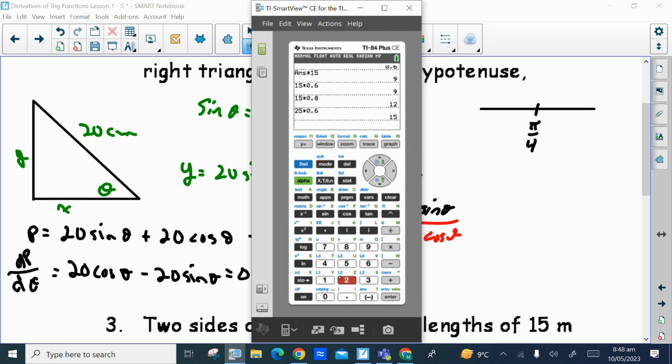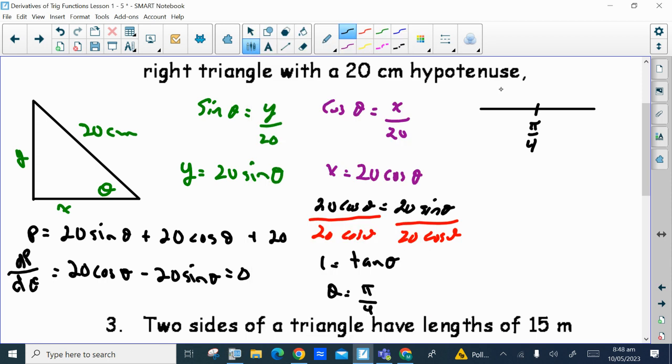So we can go 20 times the sine of pi on 6 minus 20 times the cosine of pi on 6. Gives us a negative value.